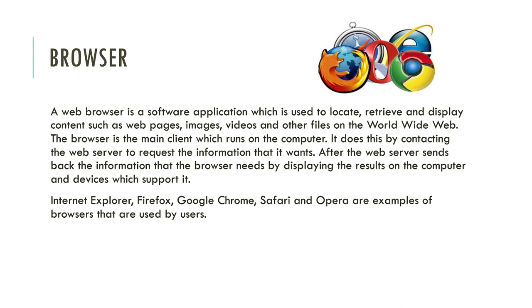A web browser is a software application used to locate, retrieve, and display content such as web pages, images, videos, and other files on the World Wide Web. So that's what you use, because you could search for different pages using a web browser.